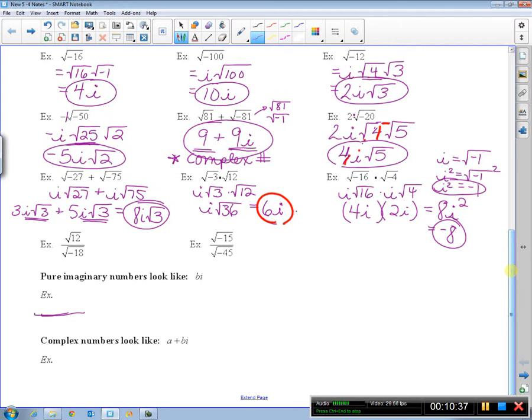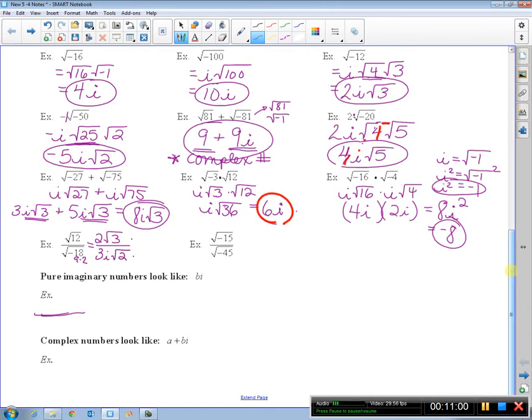A little division here at the bottom. We've got in the numerator 2 radical 3. In the denominator, it's 9 times 2, and an i comes out: 3i radical 2. Need to rationalize.